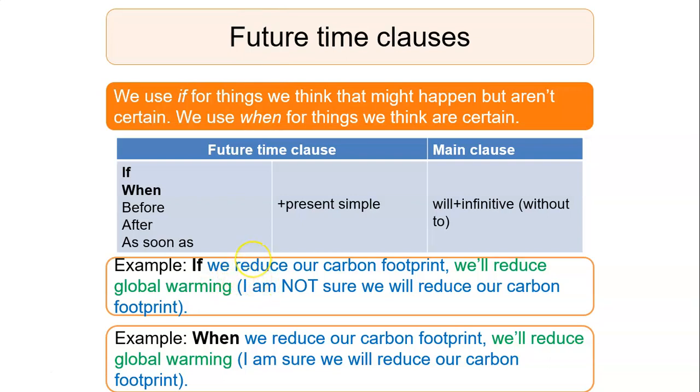That's with if, okay? But if I can be more optimistic and say when we reduce our carbon footprint, we'll reduce global warming, in that case, I'm sure we will reduce our carbon footprint. I'm more optimistic, okay?